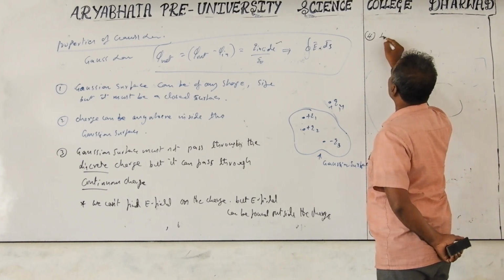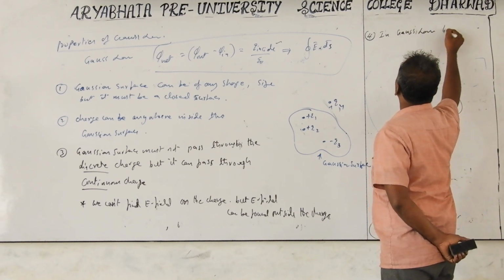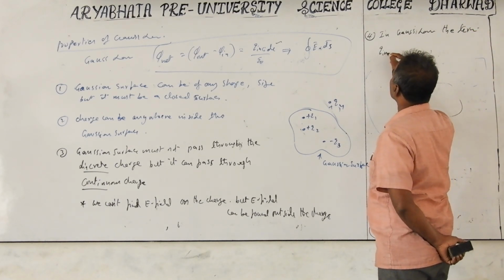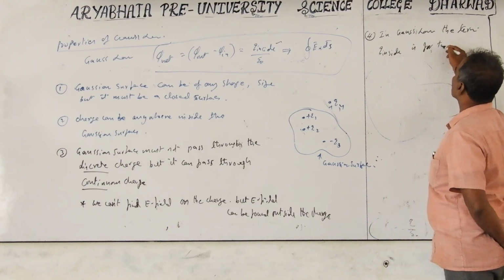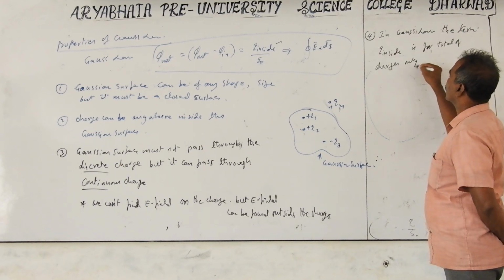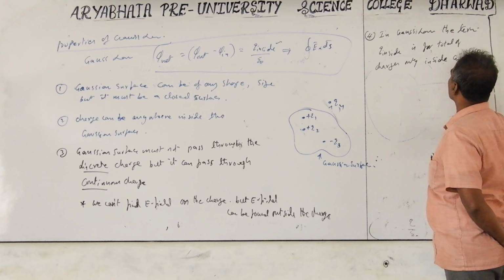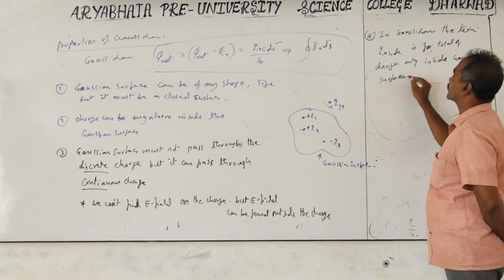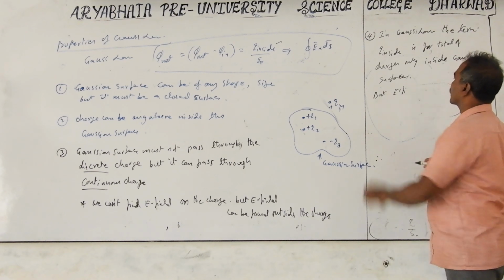The term q inside is for the total of charges only inside the Gaussian surface, not outside.